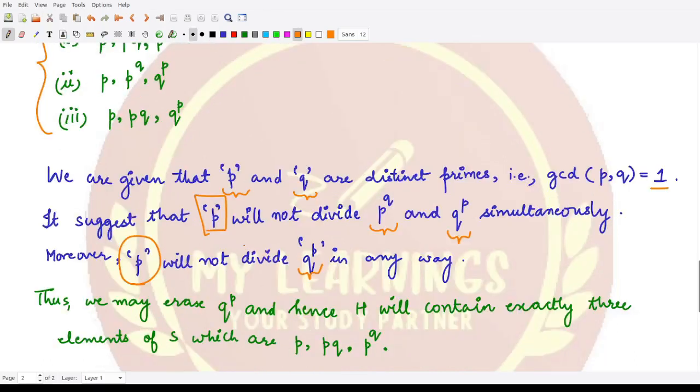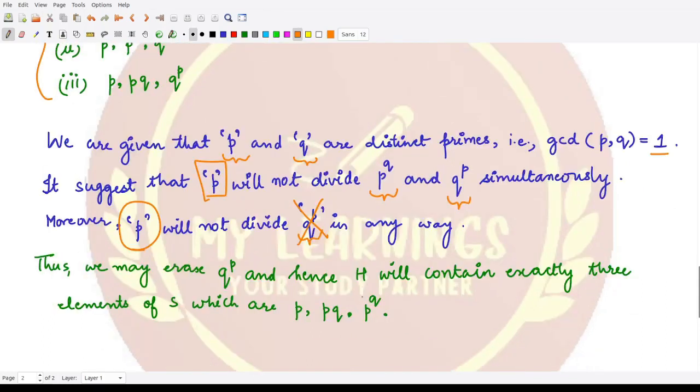So therefore, we can very easily eliminate Q raised to power P, and hence we will be left with only the elements P, PQ and P raised to power Q of S. So hence our H would be nothing but these three elements.